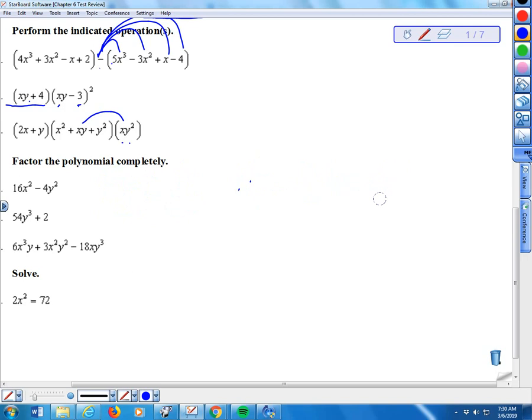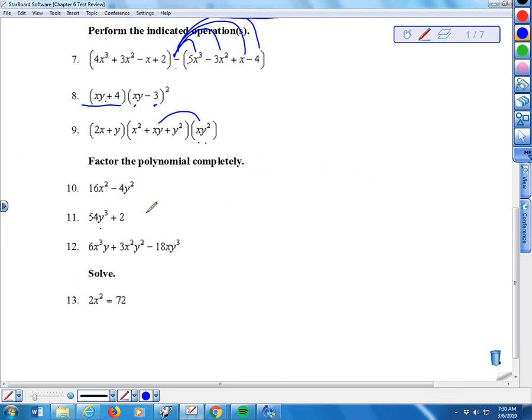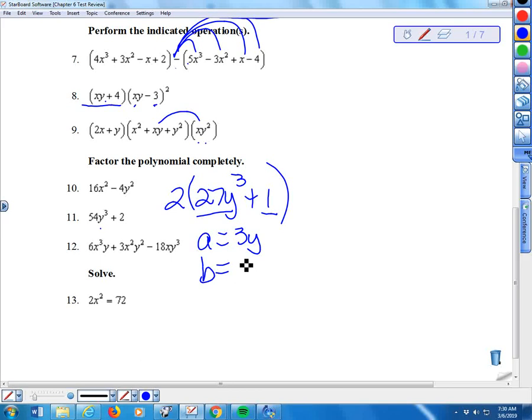Next, I see a cube on the y, so I'm thinking that eventually I may be doing a sum of two cubes. But in order to get a perfect cube, I've got to factor a 2 out. So now this is a perfect cube and this is a perfect cube. A is the cube root of the first term, which is 3y. B is the cube root of the second, which is 1.